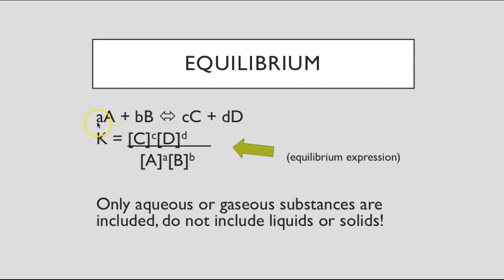So this is a generic reaction. In this generic reaction, we have a moles of substance A plus b moles of substance B in equilibrium with c moles of substance C plus d moles of substance D. So the equilibrium expression is the concentrations of the products over the concentrations of the reactants raised to their coefficients.